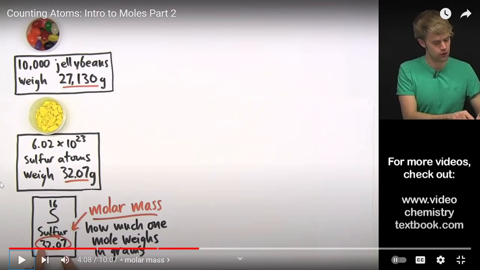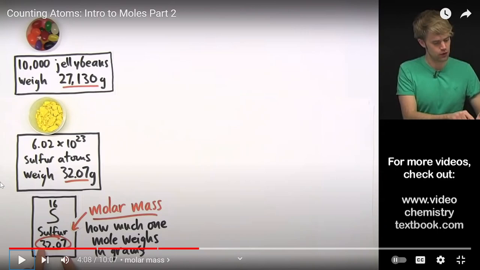That's the atomic mass. And in fact, if we have one atom of sulfur, that has a mass of 32.07. What's the unit here? One single atom. The unit would be AMU.